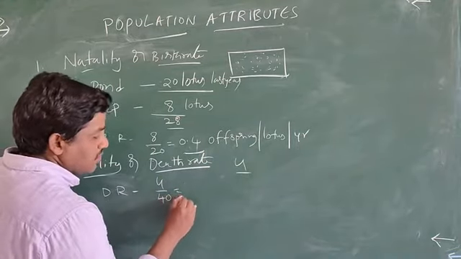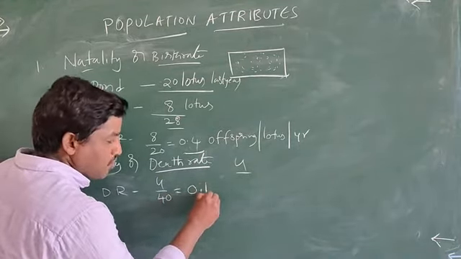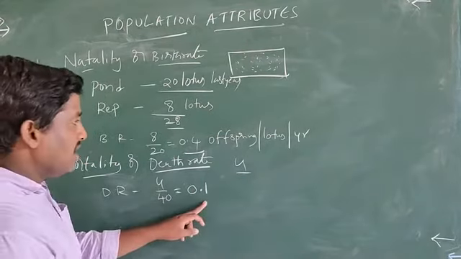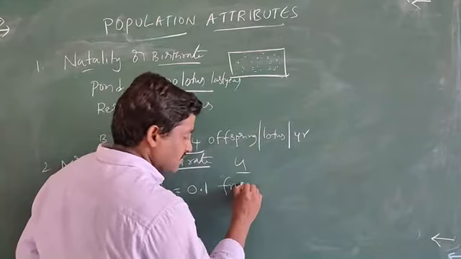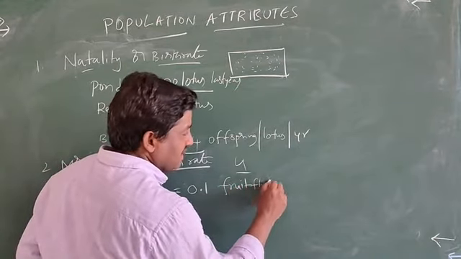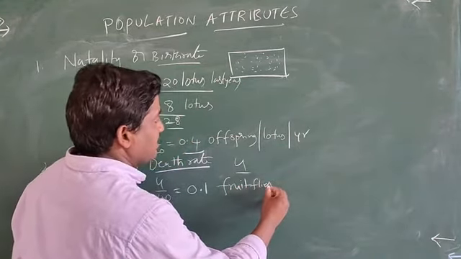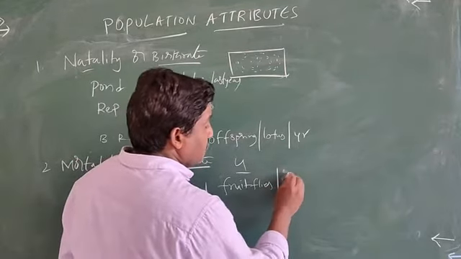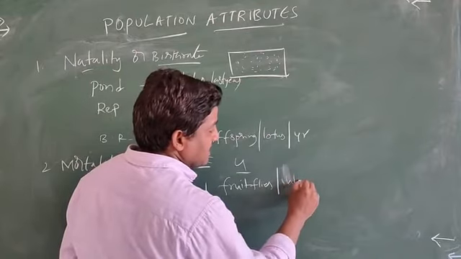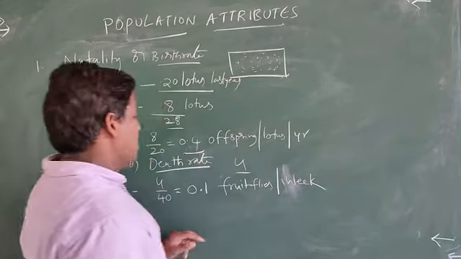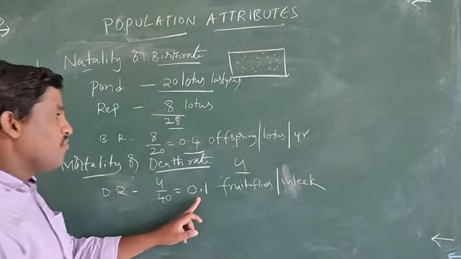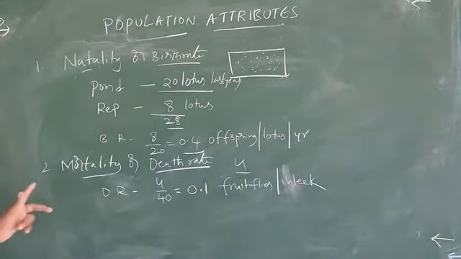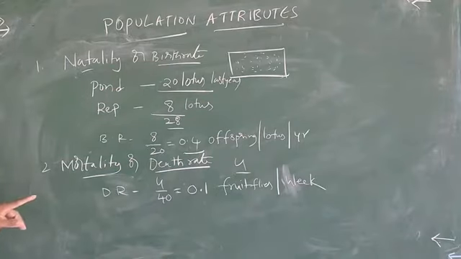That means the value is 0.1 fruit flies per week. I said it is a week, not a year. So 4 by 40 is 0.1. So 0.1 is the death rate.